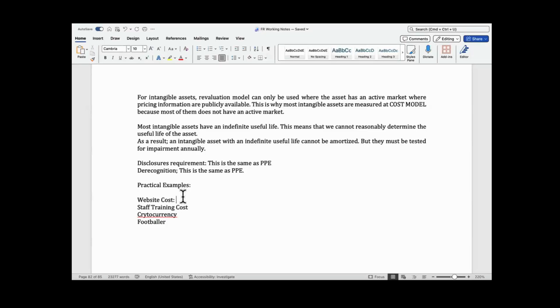Neither are you right. So the way to answer this, so that you pick points in the exam, is to say that intangible assets are recognized if they meet two criteria: probable future economic benefit and a cost that can be measured reliably. Then you capitalize it.